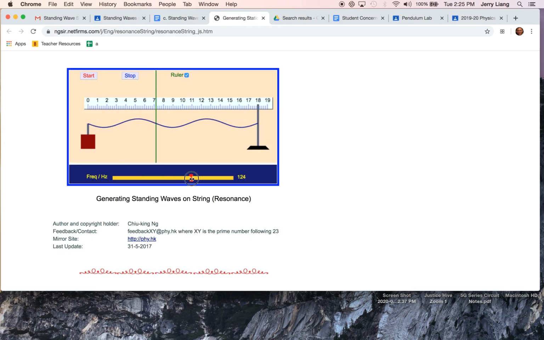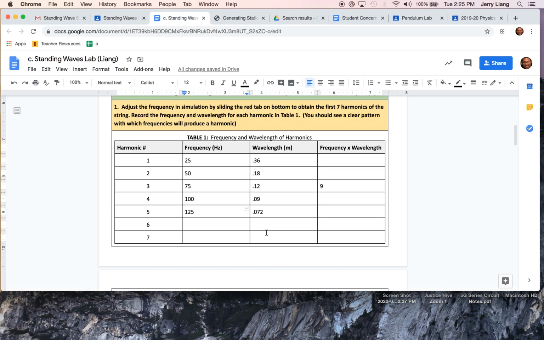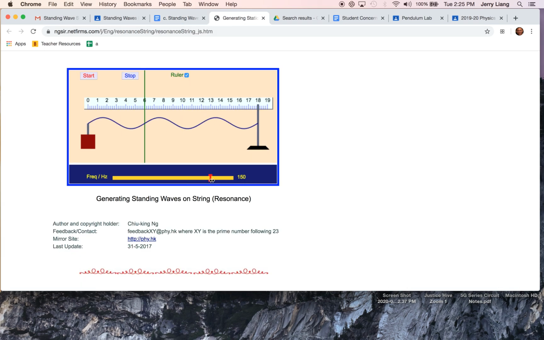As we keep moving it up, the next one probably would be 150. At 150, lo and behold, we'll see that it's at 6 centimeters, so I'm going to put 0.06 meters at 150 hertz. And then the final one, what do you think is the next in the pattern? You should probably see this pattern, and we're going to dial it up to 175.